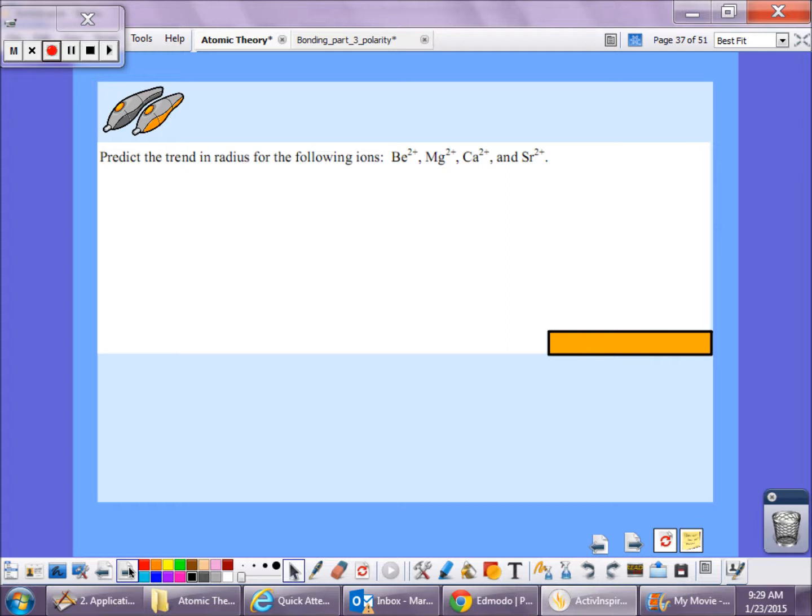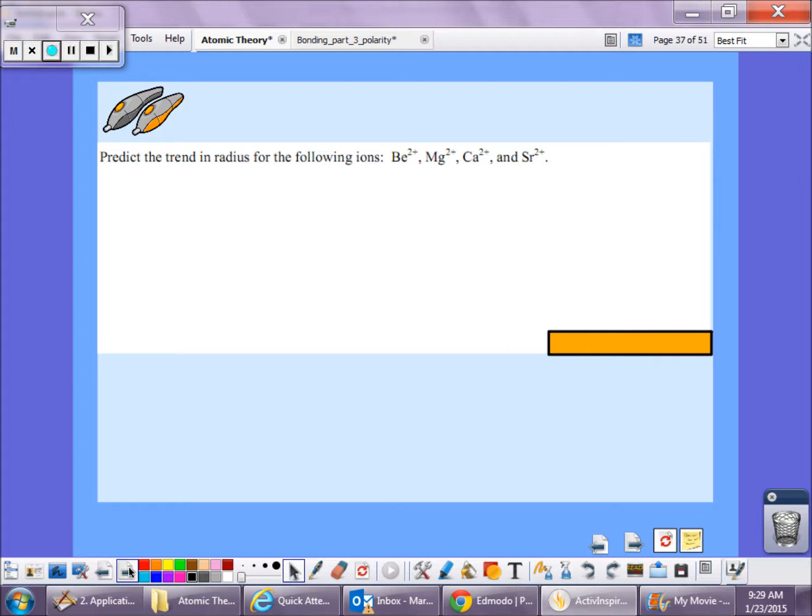Be is larger than Be2+. An anion is larger than the original atom because you are adding electrons to that neutral atom. So more electrons, electron repulsion, more electrons in that shell, so it will be larger.